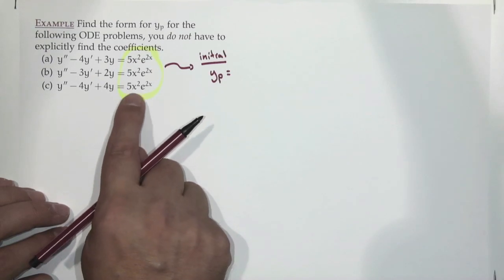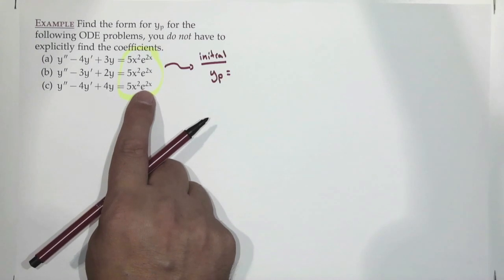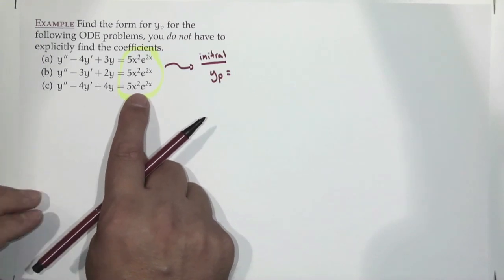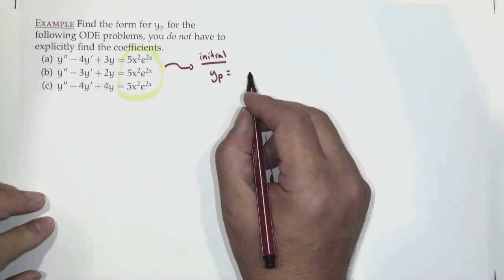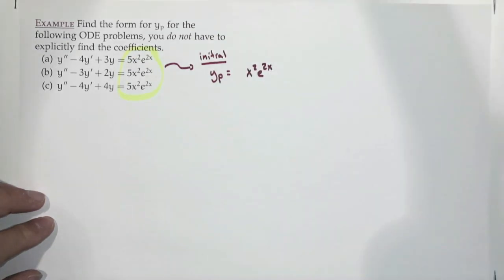Yeah, you don't need the 5 because constants are going to be, or we have undetermined coefficients, and so that's constants. So we don't need to worry about the constants, but we have that x squared e to the 2x. Do I need to have any other pieces? What else?